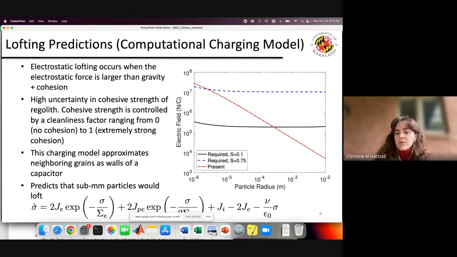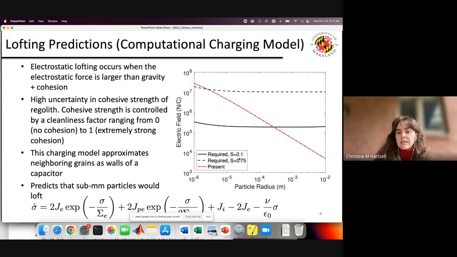So there are strong van der Waals forces, or we think there might be strong van der Waals forces, between particles on the surface. So we solve for the electric field that you would have to have between two particles in order to overcome that gravity and cohesion as a function of particle size, so particle radius.